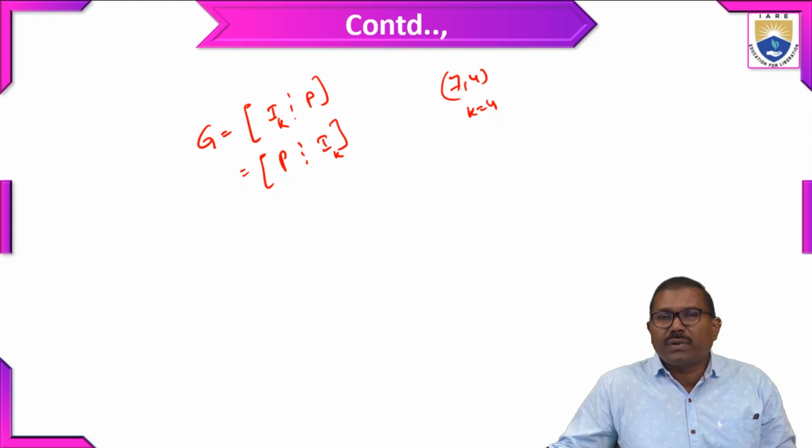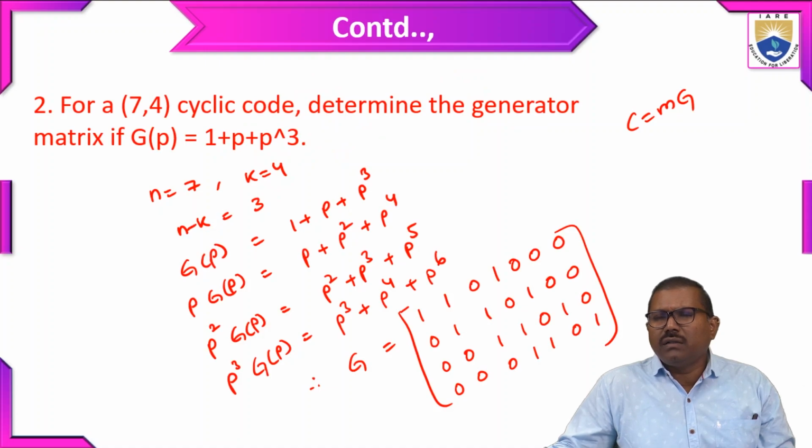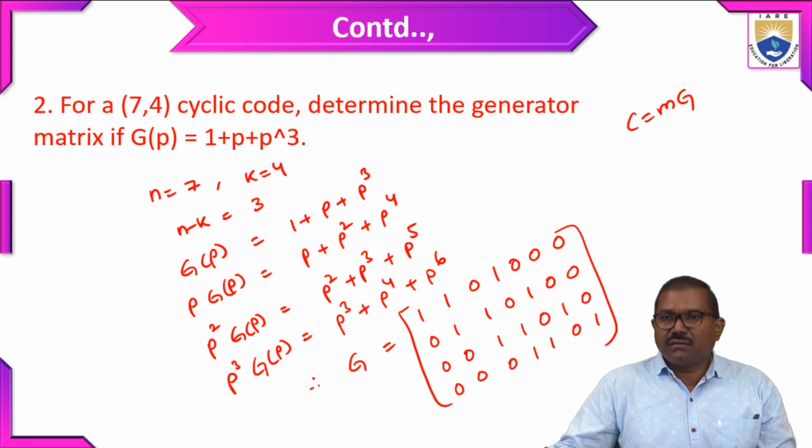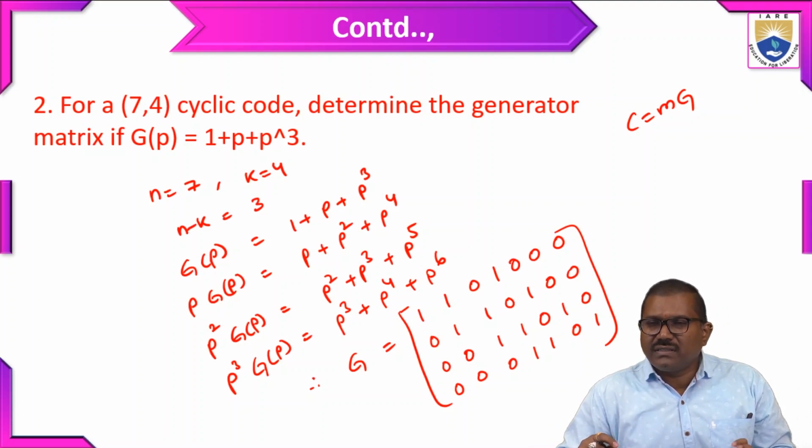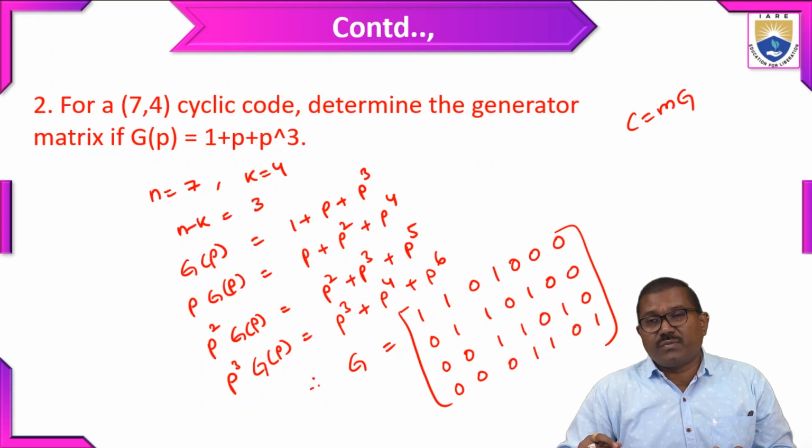When coming to the previous one, we can't observe the identity matrix. So now how to get the identity matrix in the given generator matrix? By observing, it is in non-systematic form, so we convert this non-systematic form into systematic form.